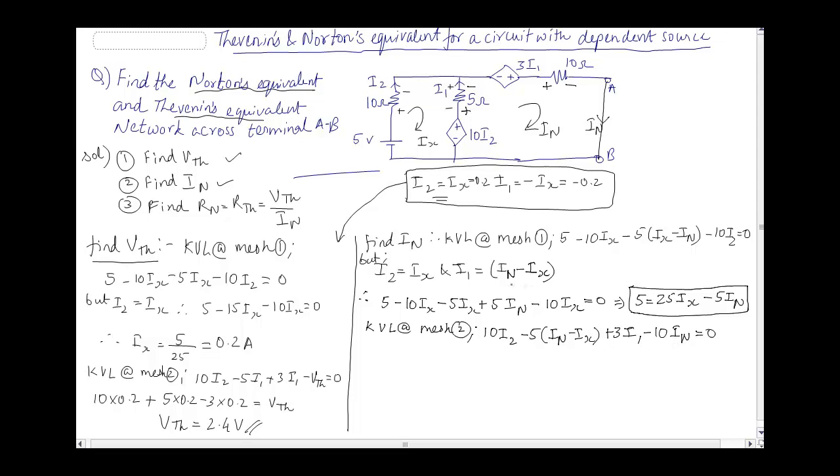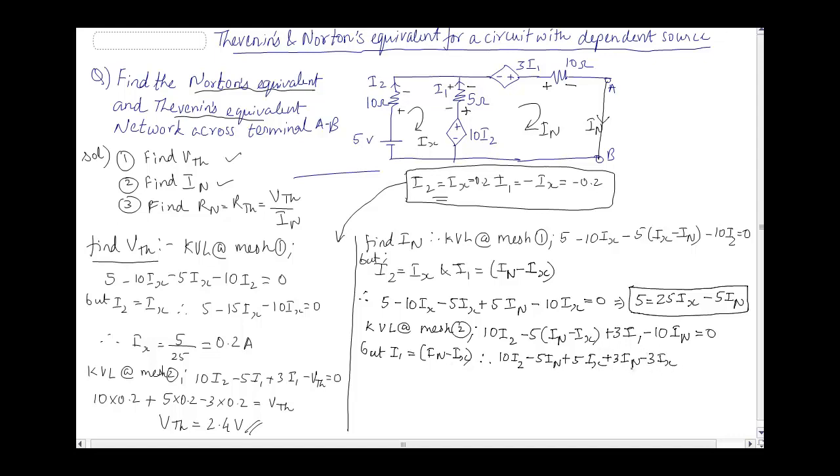Already I1 is in minus ix, so I will write, but I1 is equal to in minus ix, therefore I will get 10i2 minus 5in minus ix plus 3. Now I will write, instead of I1 I will write in minus ix, so it will be in minus 3ix.